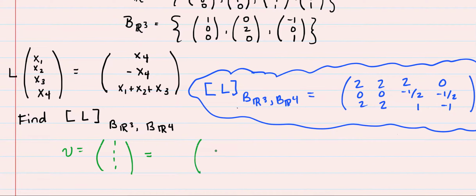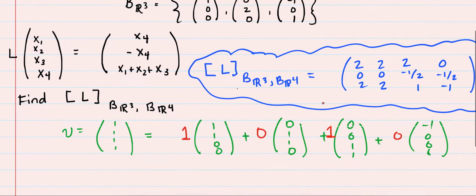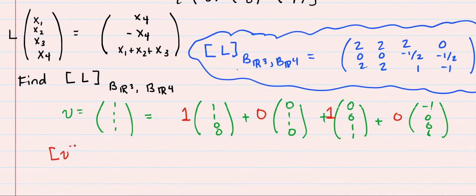So it is, let me just write these out. It is 1, 0, 1, 0. So the coefficient matrix in terms of that basis is just 1, 0, 1, 0.